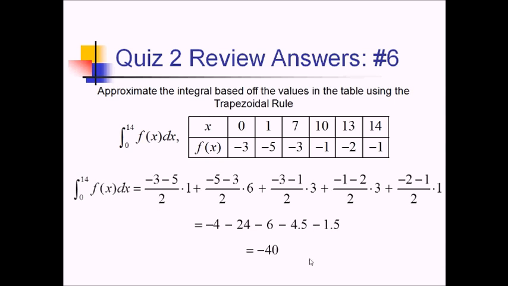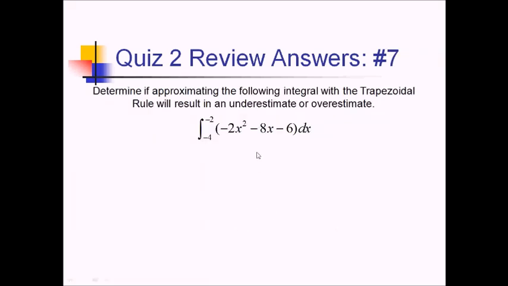There we go. For this one, we're trying to determine if approximating this integral with the trapezoidal rule will result in an under or over estimate. Now, unlike a Riemann sum, with the trapezoidal rule you have to look at the concavity to decide if you're going over or under. So we need the second derivative of this function that we're looking at the area under. We need the first derivative first, though. That'll be negative 4x minus 8.